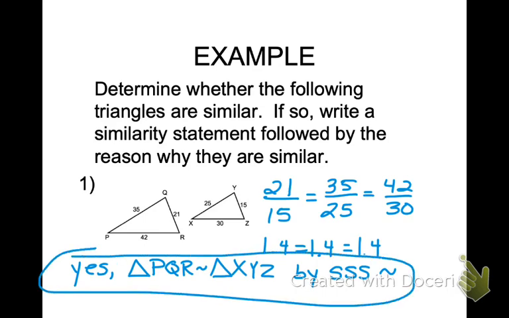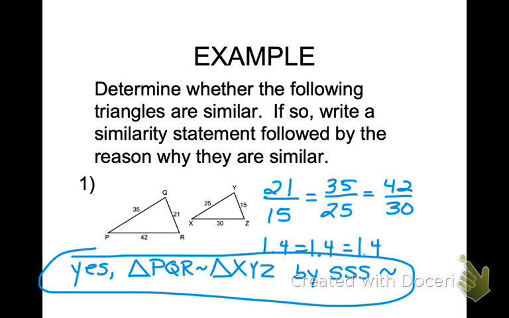Okay, and it's important that you put that similarity symbol after so that I know that you're not talking about side, side, side congruence. So put the side, side, side similarity right there. Okay, so side, side, side, check your proportions.